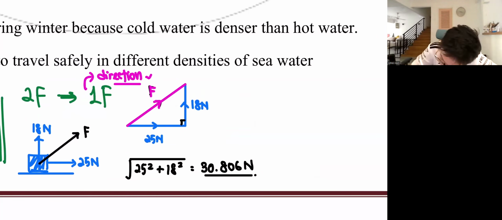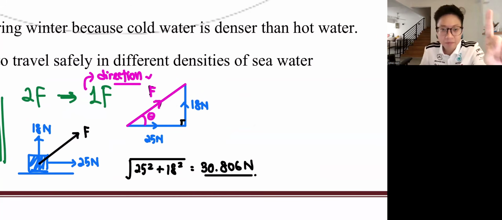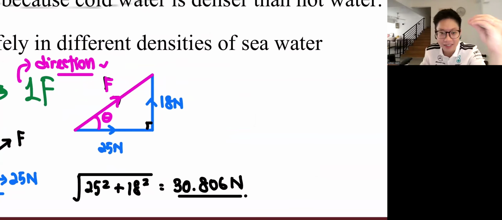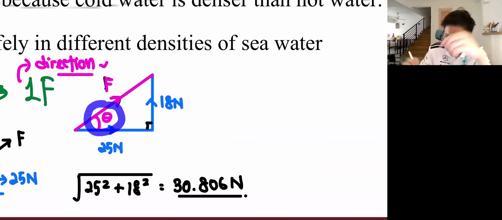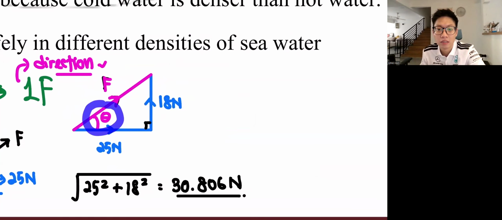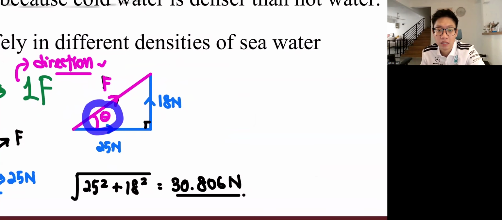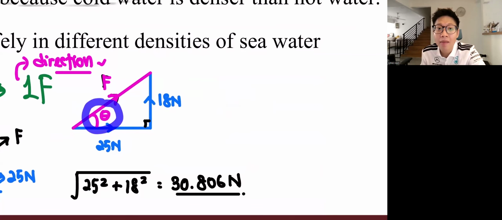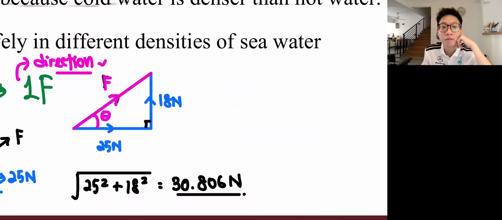So now we have to find this angle. Can I give you 1 minute? Guys, can you try using your mathematics, find this angle? By using your mathematics, can you find what is that angle?